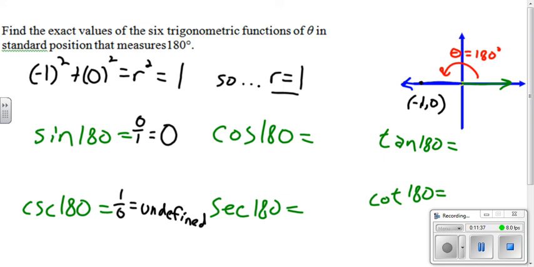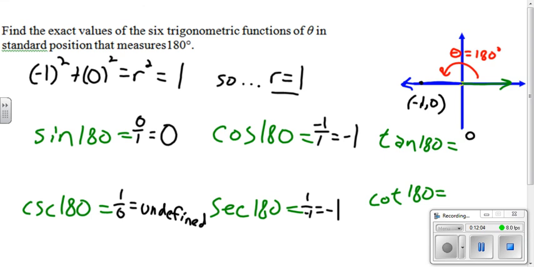Cosine of 180, remember, was x over r, so we would have our x value, negative 1, over 1, so it's just negative 1. Similarly, secant of 180 would be positive 1 over negative 1, so it's still just negative 1. Not too difficult to get. The tangent, remember, is going to be our y over x.